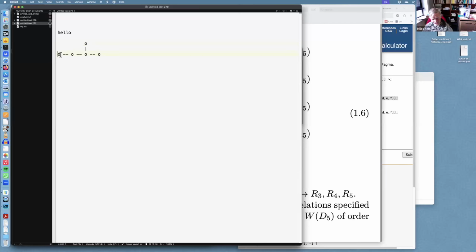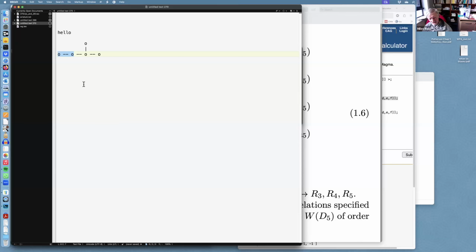Each of these vertices corresponds to a reflection, and the reflections commute if the two vertices are not joined, and they have angle of 120 degrees if they're joined by a single link.